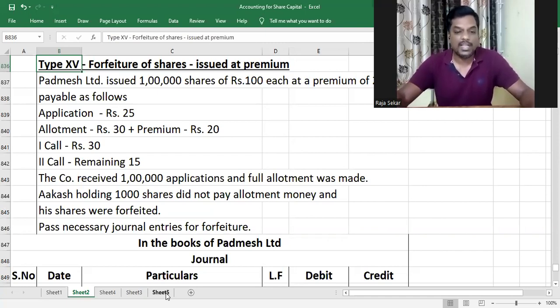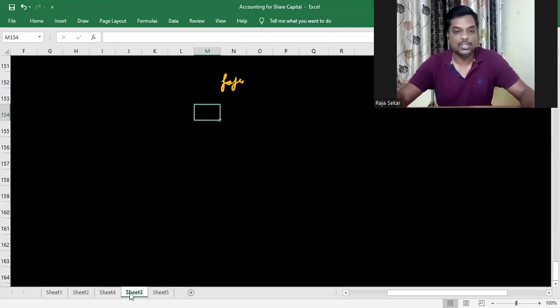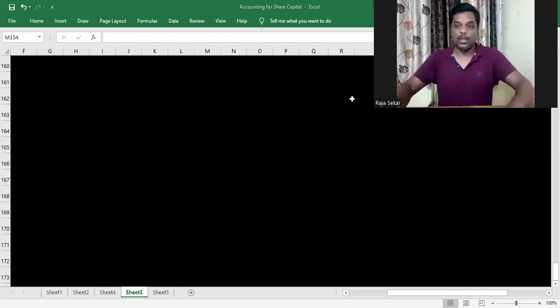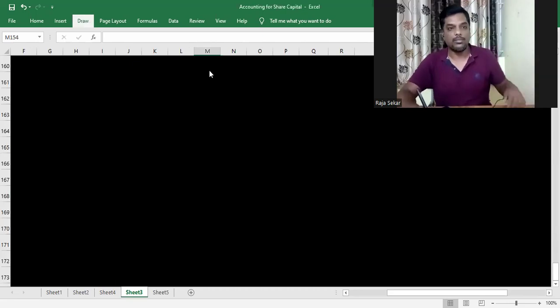Now, securities premium as such can give rise to 2 situations, my dear children. When you forfeit the shares originally issued at premium, it can give rise to 2 situations. One situation wherein the securities premium amount has been received by the company, and another where it has not yet been received. So let's look at both of them.